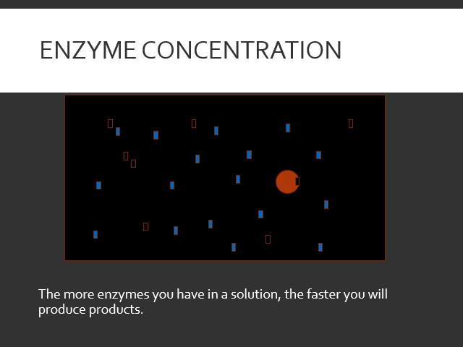So if you have a single enzyme in solution, it speeds up the reaction. If you have more than one, if you increase the amount of them, increase the concentration, suddenly the reaction goes even faster. It breaks things down much more quickly. Does that make sense?